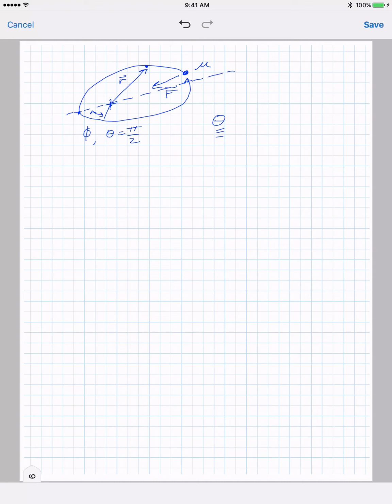All right, so what we want to do is go after a couple of conserved quantities, and there's an older nomenclature for that. A conserved quantity is what's known as a first integral of the motion.